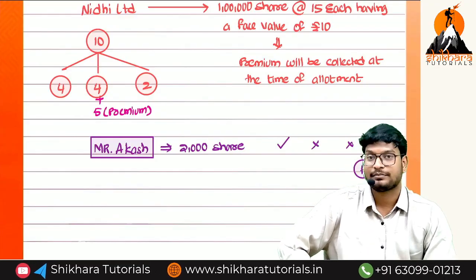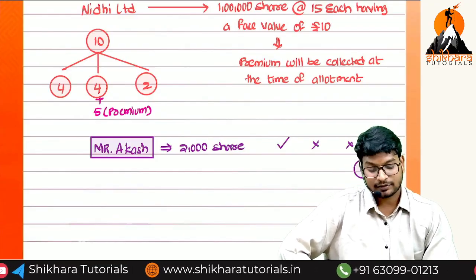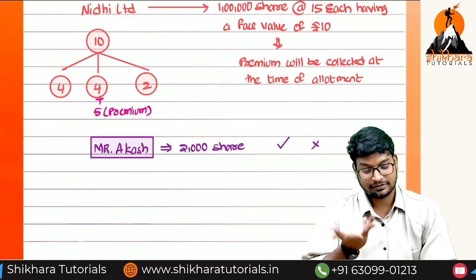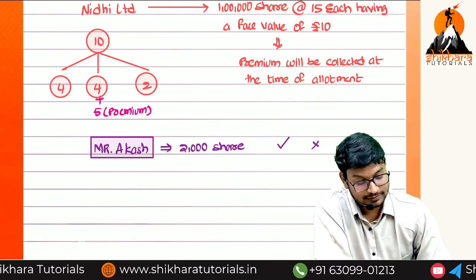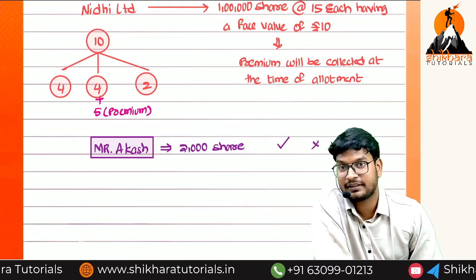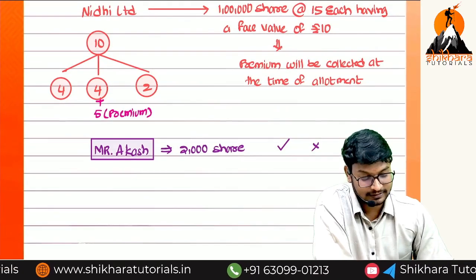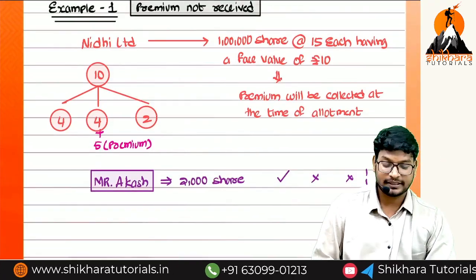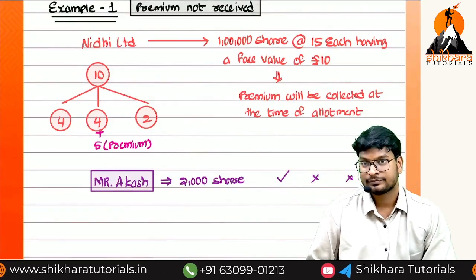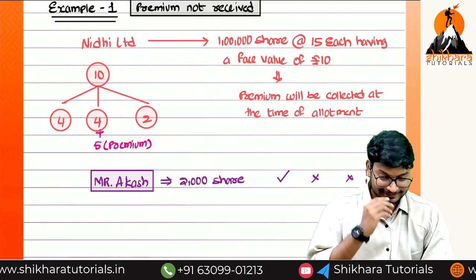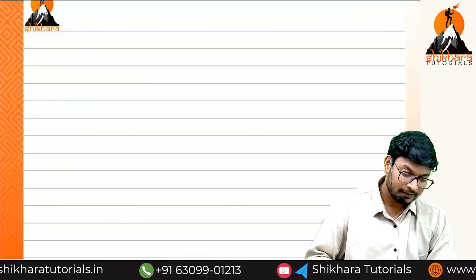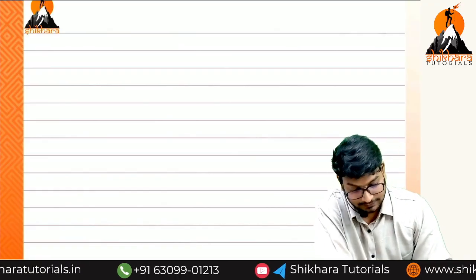We have to pass entries. Up to allotment I will discuss. We need to discuss all the entries, because at which point of time we have forfeited, after the first and final call, we have to discuss each one. So if you completed, we can start the entries. What is the first entry?